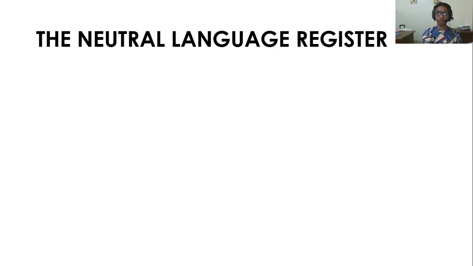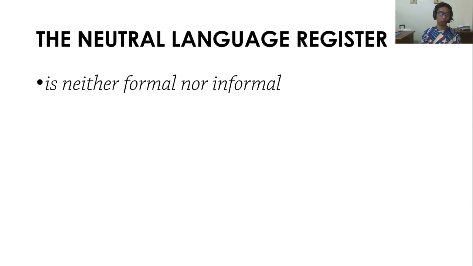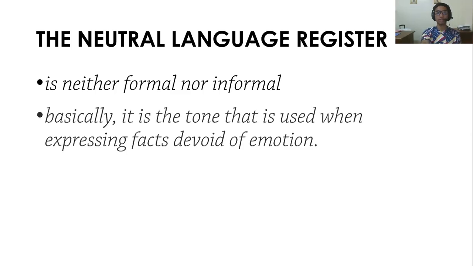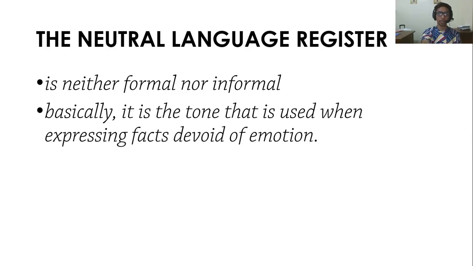Okay, let's now proceed to the third one, which is the neutral language register. So it is neither formal nor informal. And basically, it is the tone that is used when expressing facts devoid of emotion. I'll repeat, expressing facts devoid of emotion. So no feelings attached.